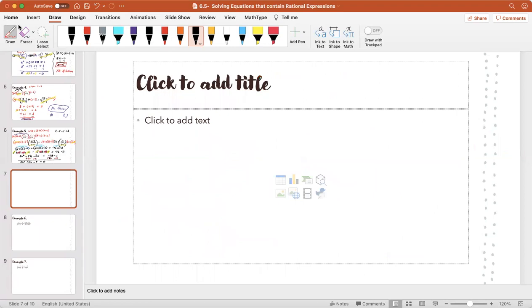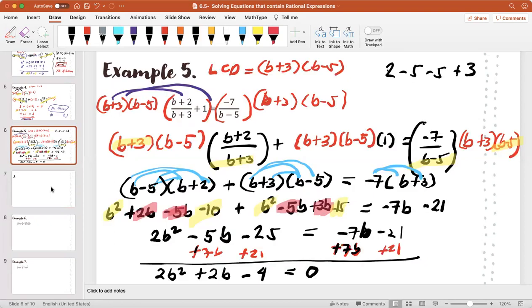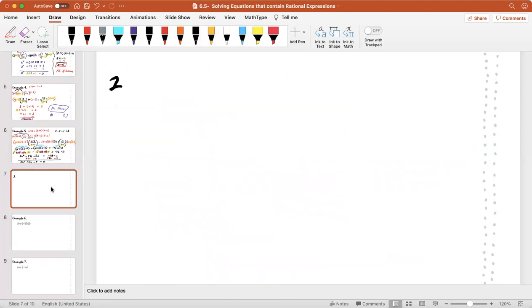Right, so here we have 2b squared plus 2b, you remember that? Minus 4 equals 0. Before we factor this, before we even do AC, let's see if we can divide out your GCF for 3 terms.